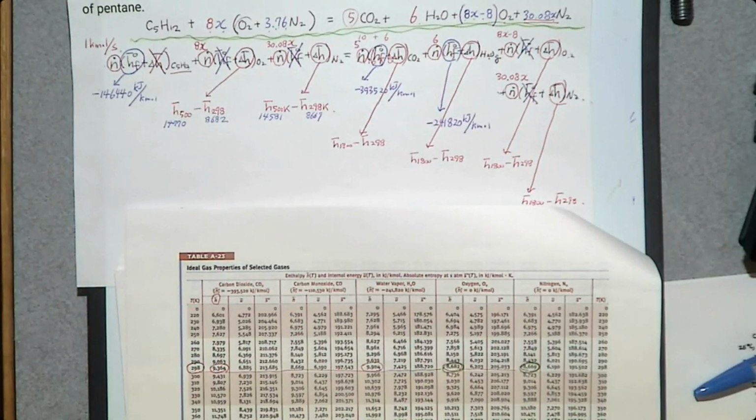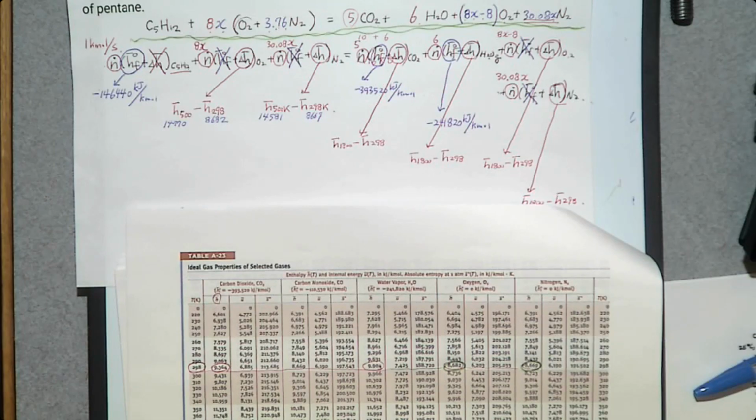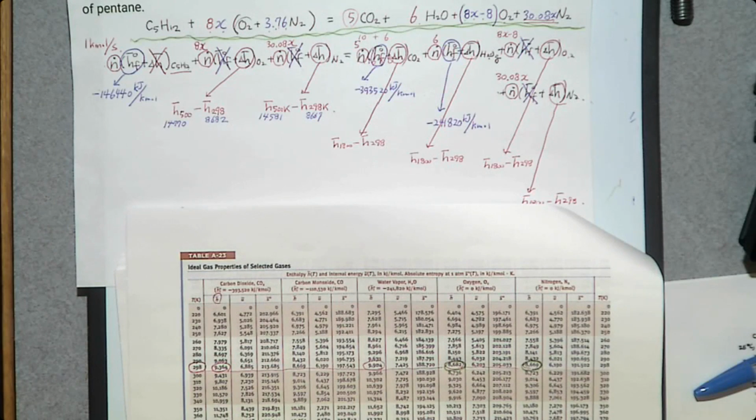In this table, we have carbon dioxide. First one, carbon monoxide. We don't have one. Water vapor, this one. Oxygen, this one. Nitrogen, this one. So at 298, H bar for carbon dioxide is 9,364.